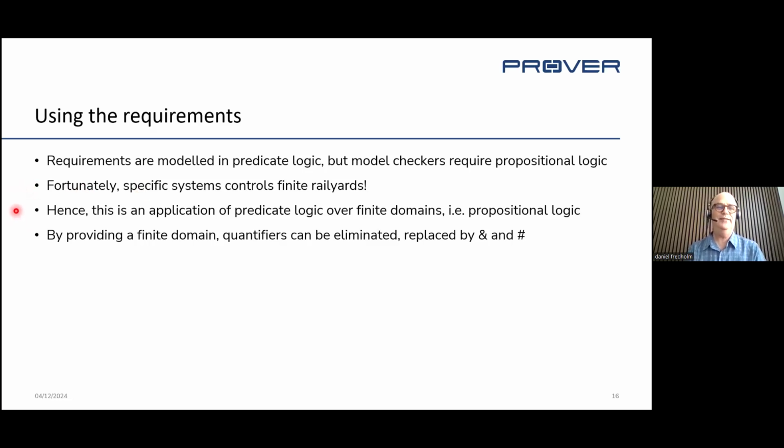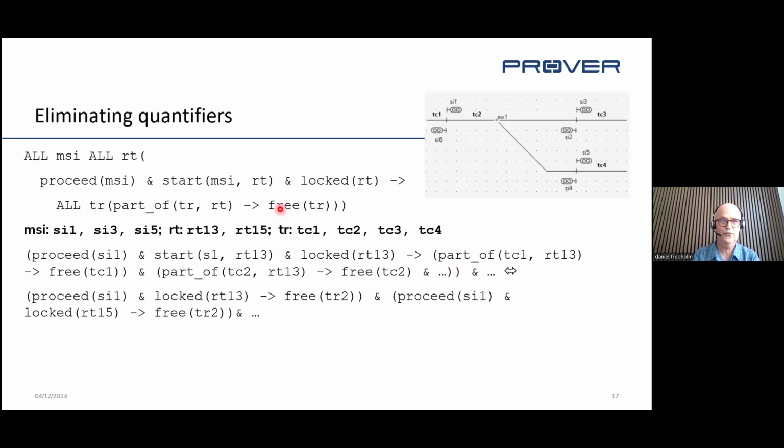So what this means is that, as far as the requirements go, it's an application of predicate logic over finite domains, which is propositional logic. By providing a finite domain for the variables being used, we can eliminate quantifiers by replacing them with conjunction and disjunction, as we can see here.